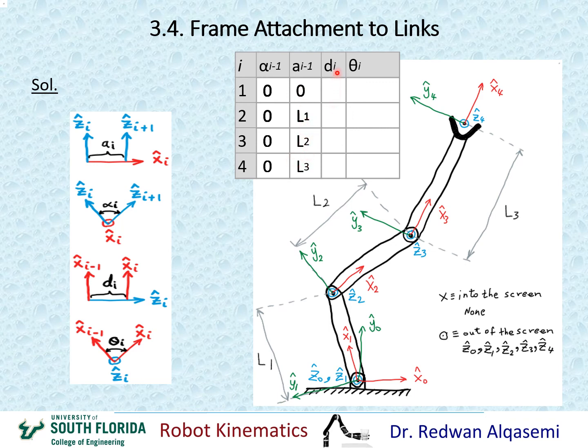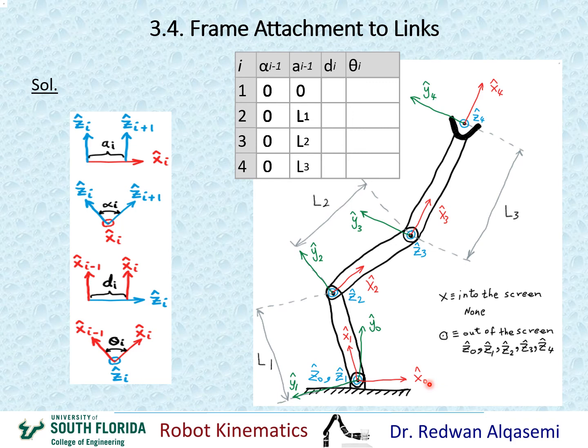Now we move on to D, which is the joint offset. I'm sorry, A is the link length, and now we move on to the joint offset. So when i equals 1, I'll be looking at Di, which is D1. This is the chart for D1. So when I'm looking for D1, I'll be looking at X0 and X1 along Z1.